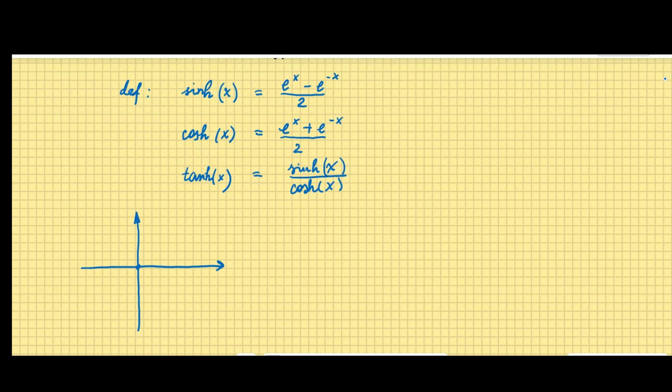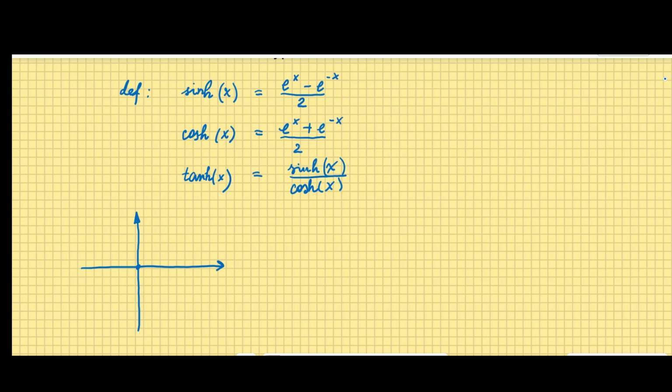Now, if you plug in around this function something large, like big x or x going to infinity, how is the function going to behave? Well, we know that e to the power of negative x at infinity goes to 0. So basically, guys, our function is going to look very much like e to the power of x over 2. If you still remember how the exponential function looks, it's going to be a rapidly growing function.